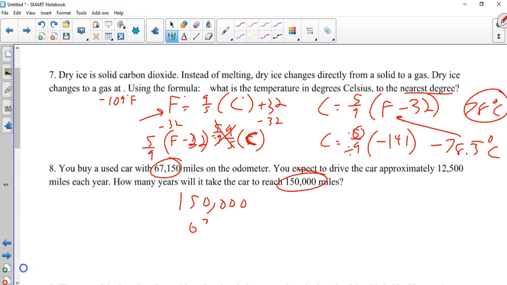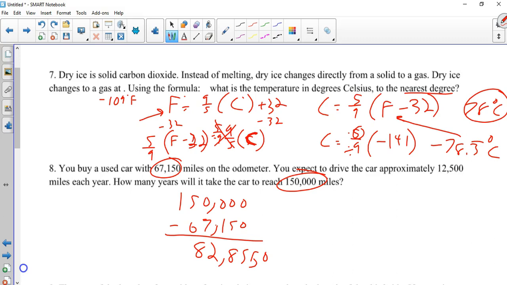You're starting at 67,150. We're going to subtract those to find out how many miles are left. That means you have 82,850 miles until your target goal.